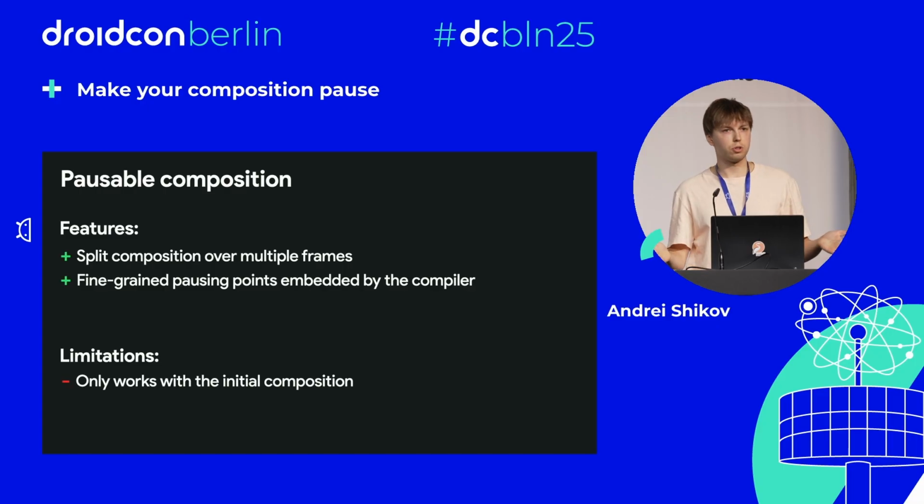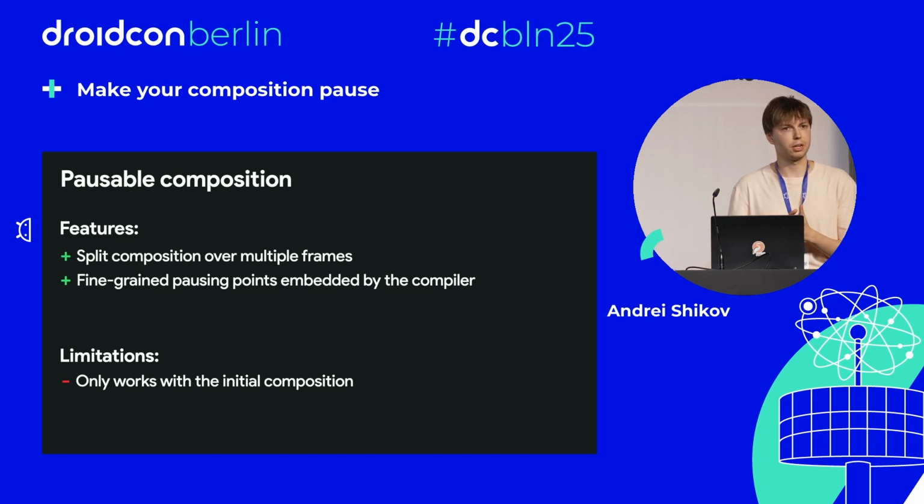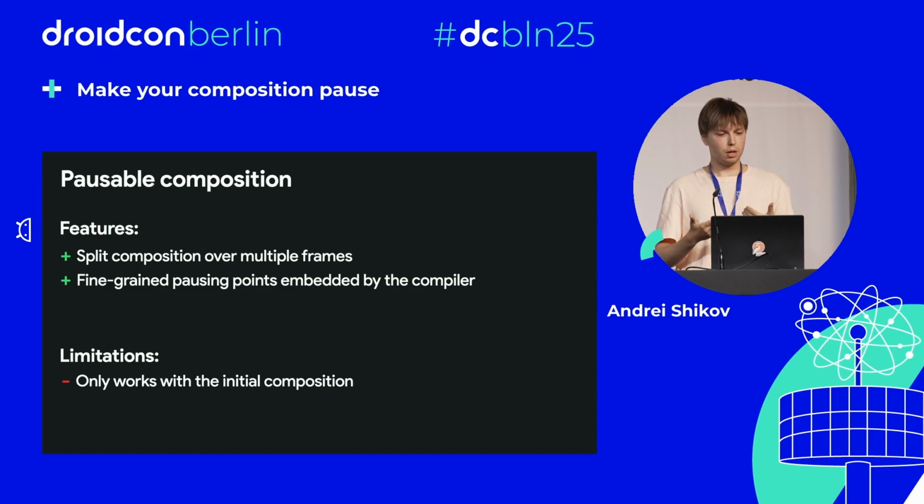So we focus on creating the content, creating the items for a lazy list or for subcompose layout from scratch. This is the worst case for performance for Compose right now, and this is where we actually need it most. But technically, with the pausable behavior, nothing prevents us from applying it to recomposition as well later. It's just something that has to be updated in the runtime.